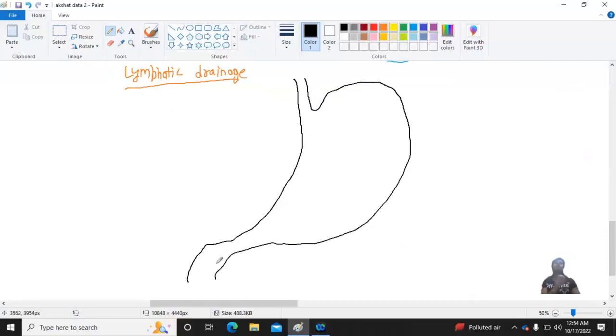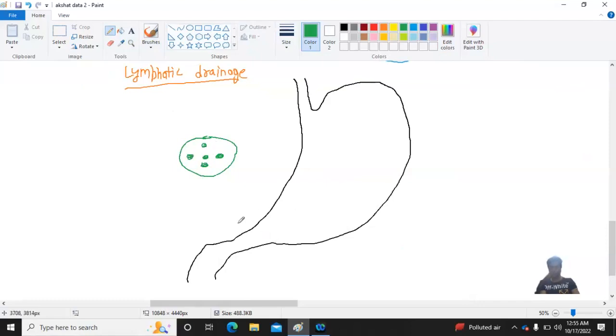There are some lymph nodes present near the stomach, and these drain finally into the thoracic duct and cisterna chyli. So we have to collect the lymph from the stomach region and drain it into the thoracic duct and cisterna region. The most important lymph node is the celiac node. The celiac lymph node is at the celiac trunk. This is most important. All drain into this.